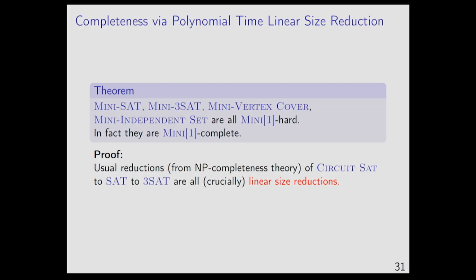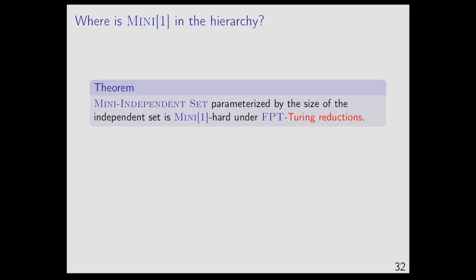So you can show completeness via the normal reductions from circuit SAT to 3-SAT, which are all linear in the size, right? So this will imply that if you apply them to the miniaturized versions, they become FPT reductions, and then you're perfectly fine. Okay?